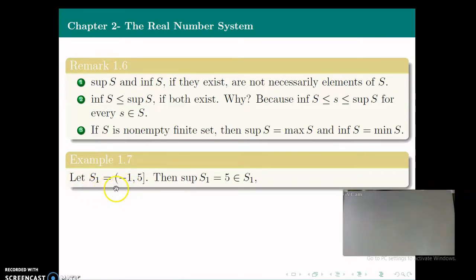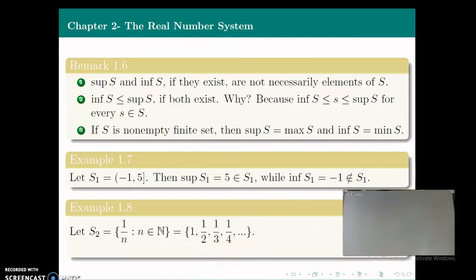So the lower bounds are -1 and the values less than -1. Therefore, the greatest lower bound, or the infimum of S sub 1, is -1. Now, as you noticed here, -1 is not an element of the set. Therefore, in the first remark, if the infimum exists, then it is not necessarily an element of S.